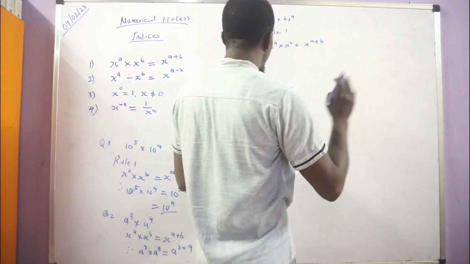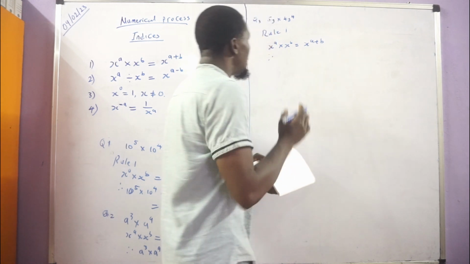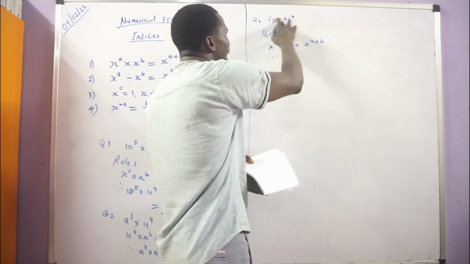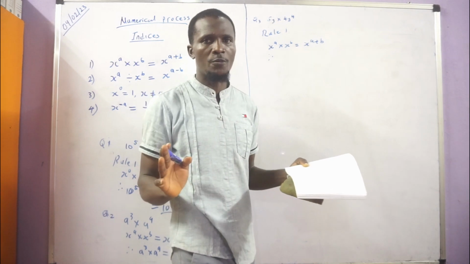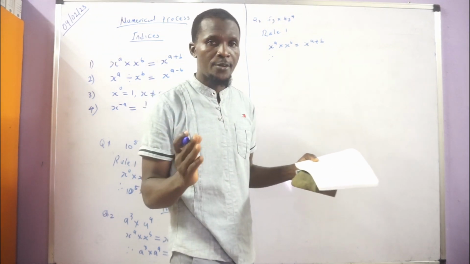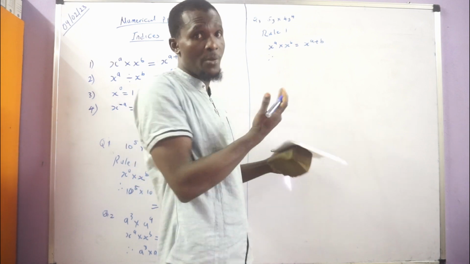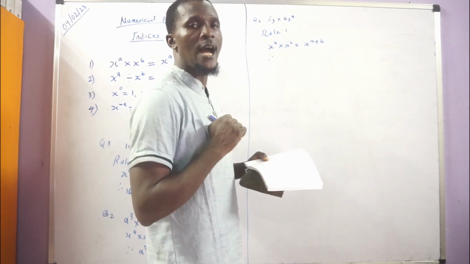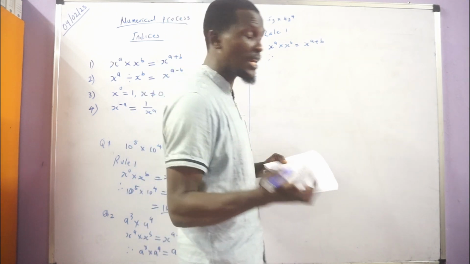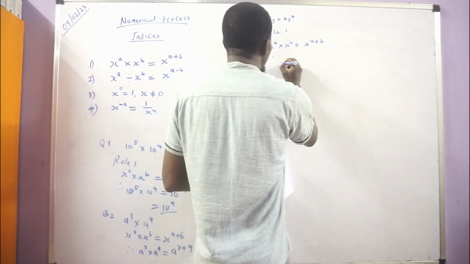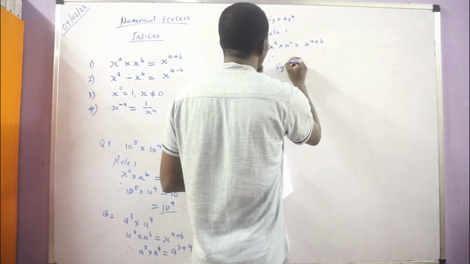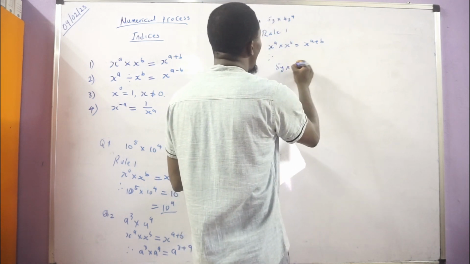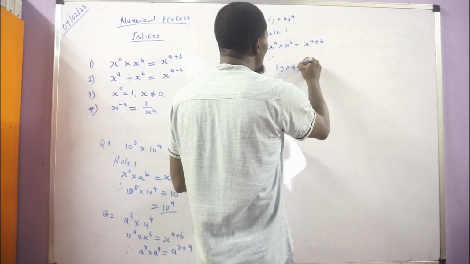Now we have 5y multiplied by 4y. These are coefficients of the unknown y, so the coefficients can be brought out separately while we apply the rule to the letter.